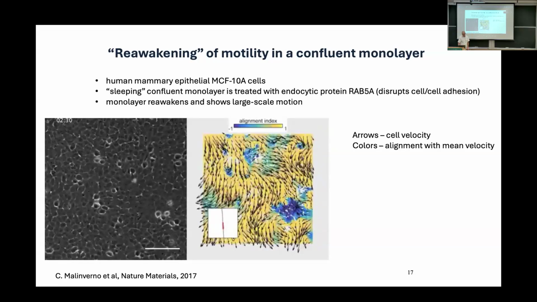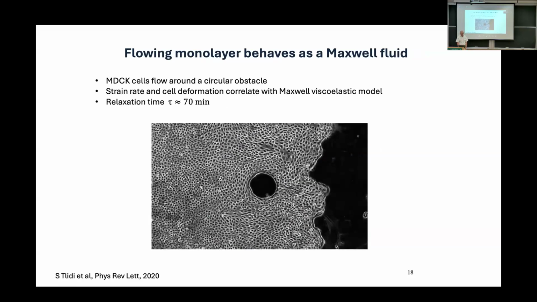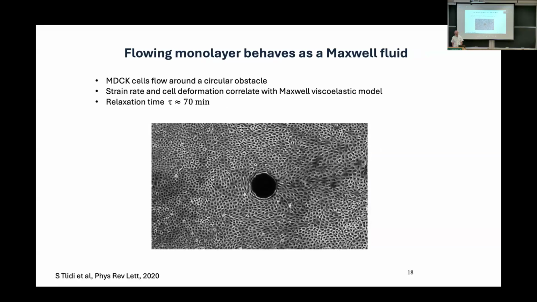And the final experiment, which is something really cool, is flow past an obstacle. This is an experiment, I don't remember, from White's group. Now cells move past an obstacle, so it's like von Karman flow.